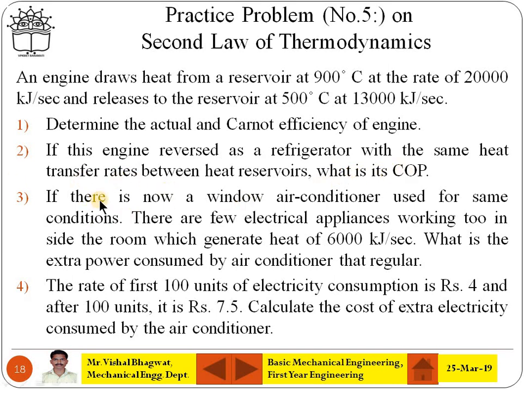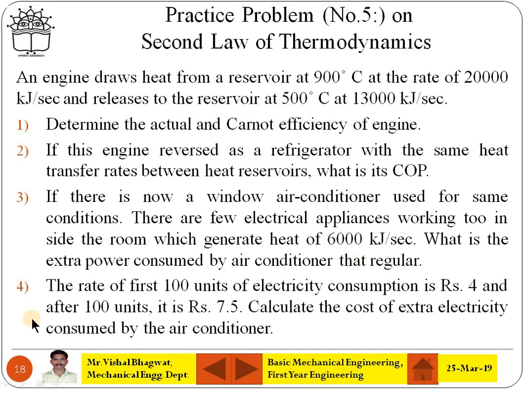If there is now a window air conditioner used for the same conditions, there are a few electrical appliances working inside the room, which generate heat of 6000 kilojoule per second. What is the extra power consumed by the air conditioner than the regular?